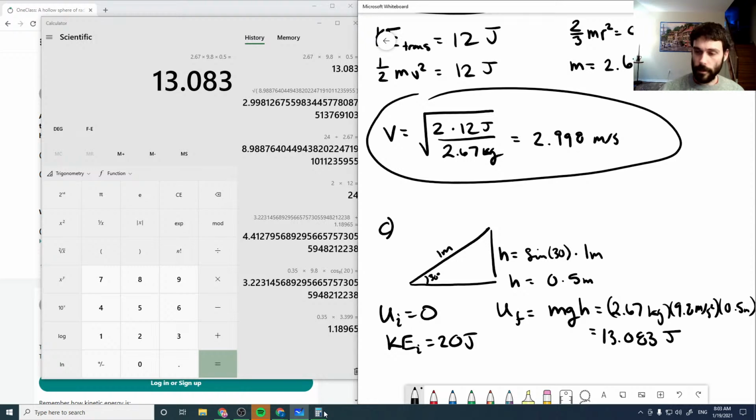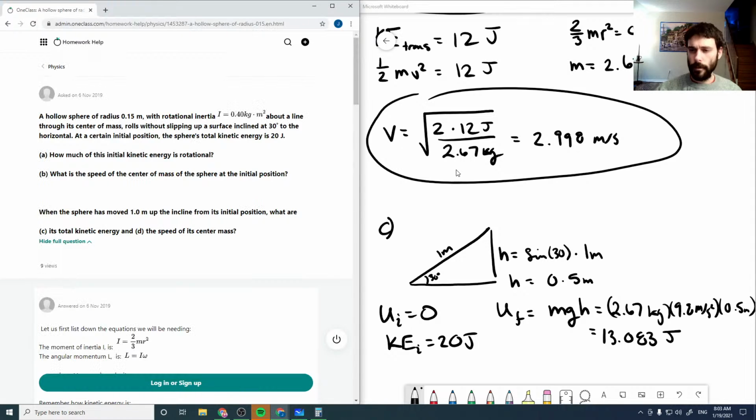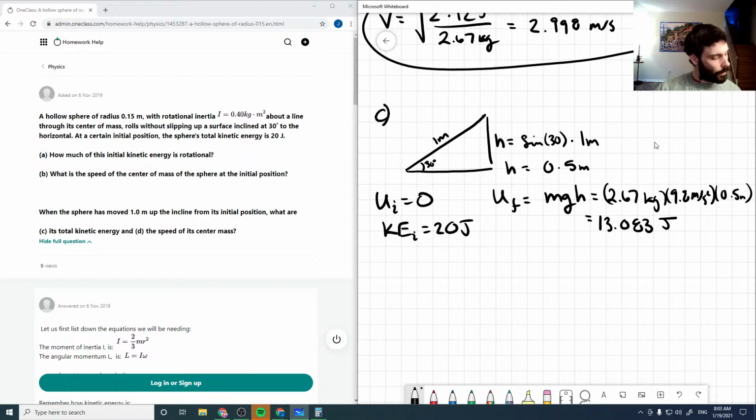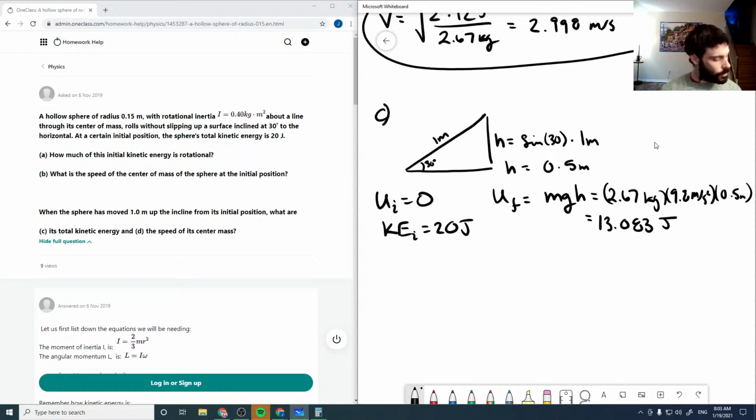So this is actually the point where if our moment of inertia was too large, then our potential energy there would be negative, which doesn't make any sense, as then the sphere wouldn't be able to roll up that far.